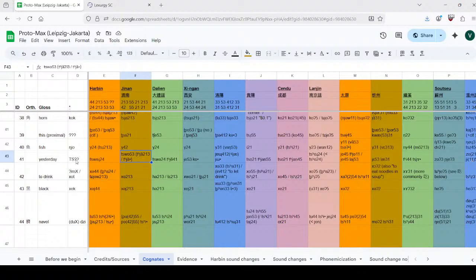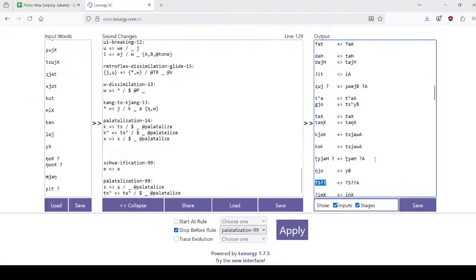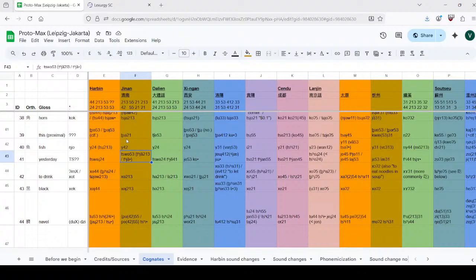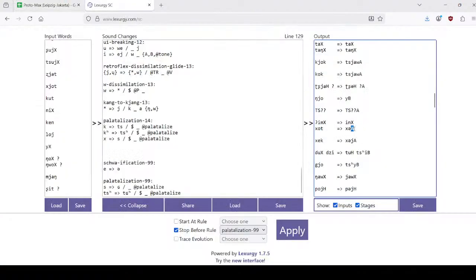So it's TS question mark question mark. Hot should come out as h, which is actually correct, even though it has a voiceless initial stop final. But I ended up picking 4-4 as the main outcome, not just because I didn't have to add anything to the sound changes, but also because it was the most common outcome.